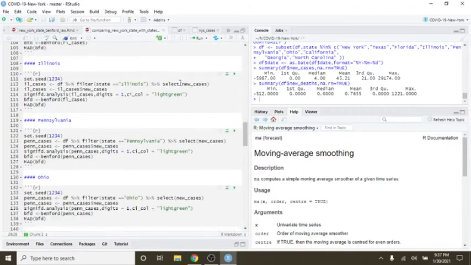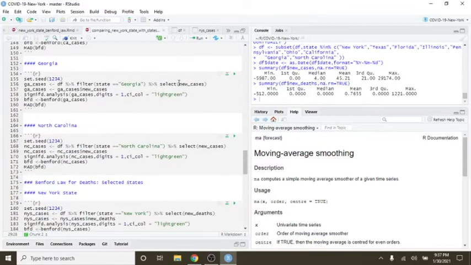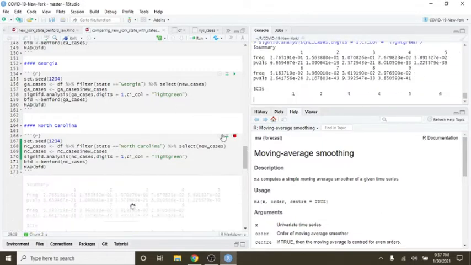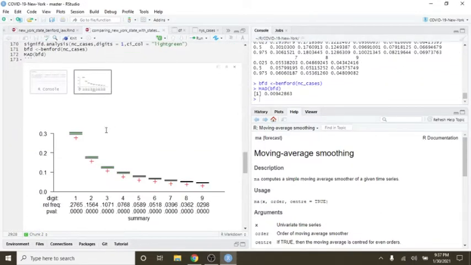Okay. So once again, cases fit pretty closely.